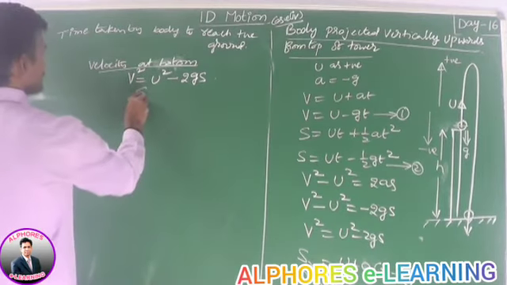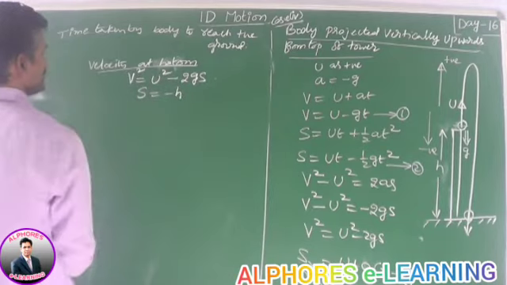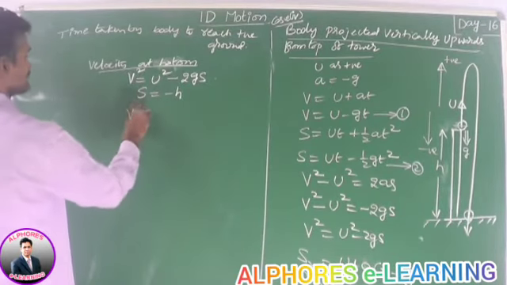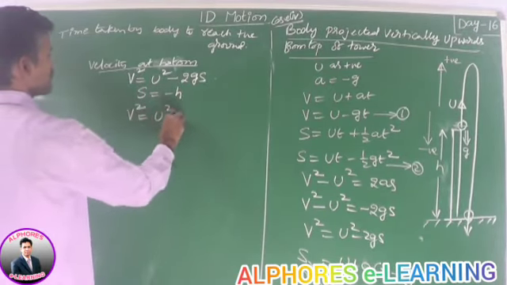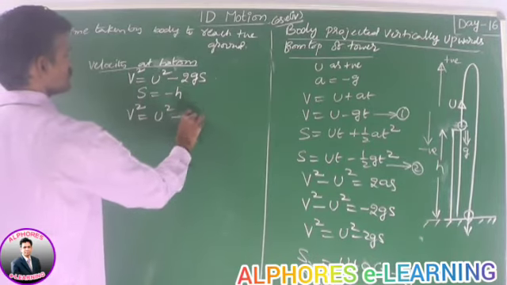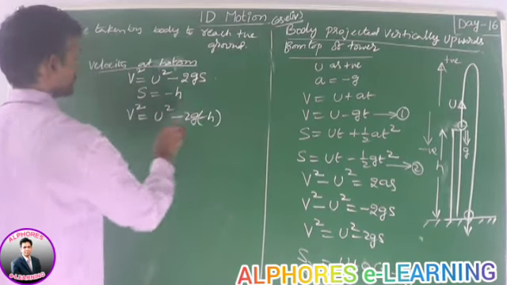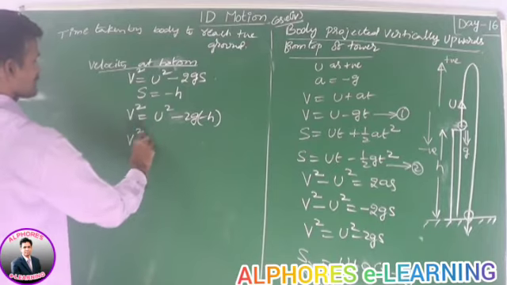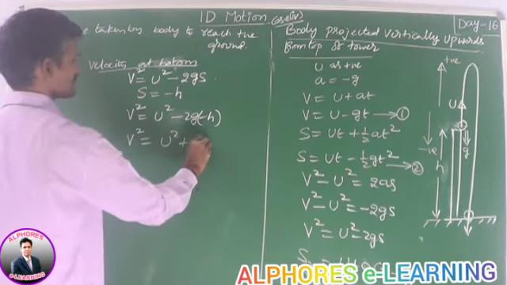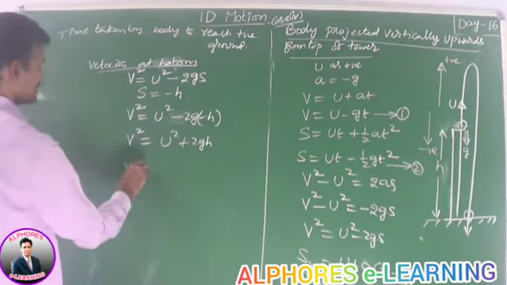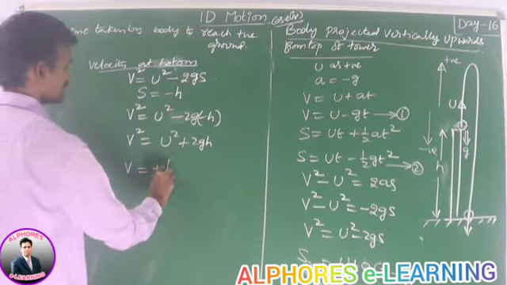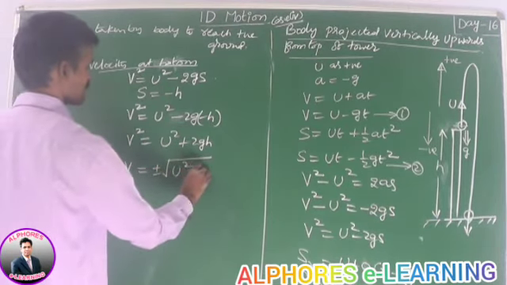At the bottom our s is equal to minus h. So you can write it as v square is equal to u square minus 2g times of minus h. So you can write it as v square equal to u square plus 2gh, or you can write it as v equal to plus or minus under root u square plus 2gh.